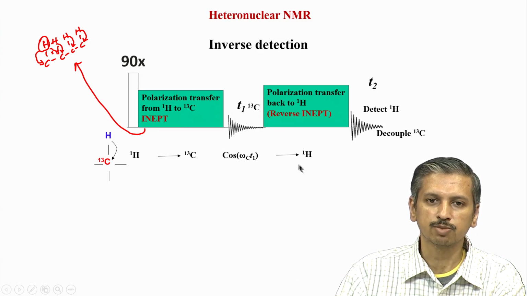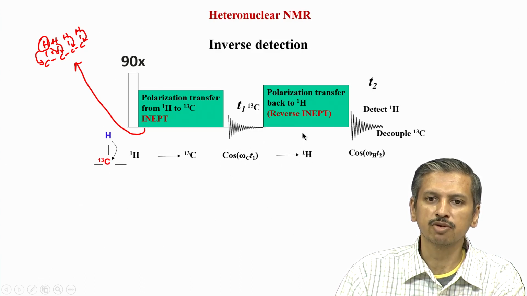Now the transfer is back to proton, and that proton now evolves with its chemical shift, but whatever has come to the proton has come from this carbon. So this modulation, meaning the change happening because of this cosine frequency, cosine modulation, is actually carried over.